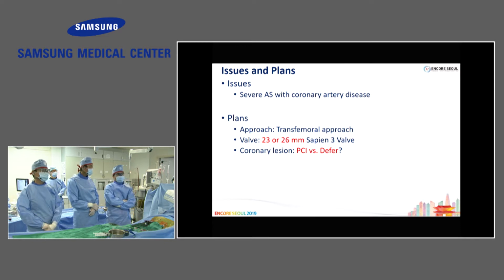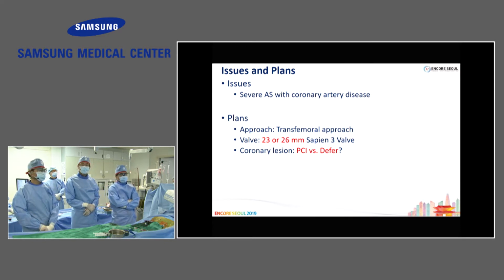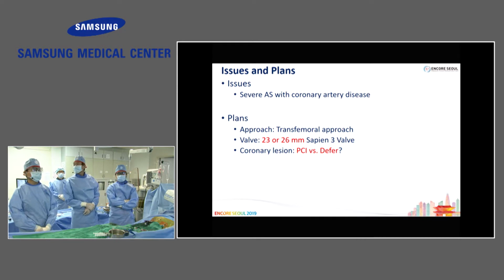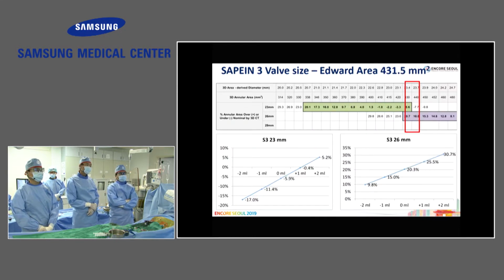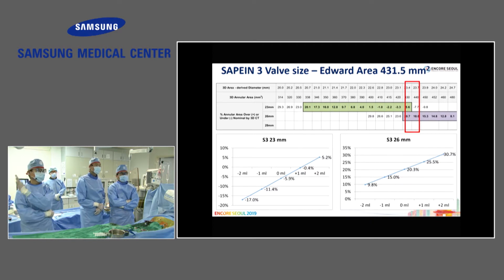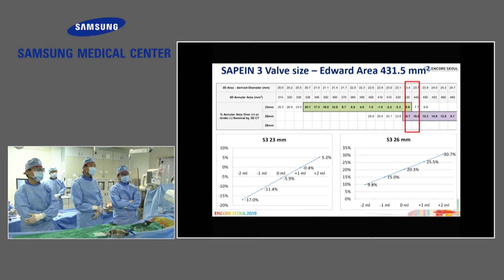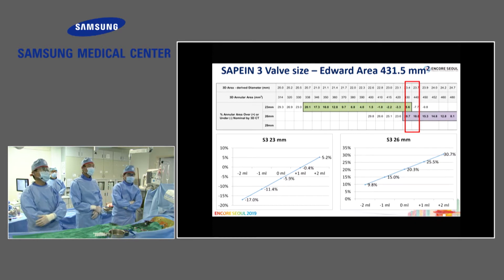Yes, I agree with your opinion. The 26 millimeter minus 2 cc is optimal for this patient size, because we usually use 10% oversizing. How about the size of the sinus of Valsalva? It's 29. Okay.